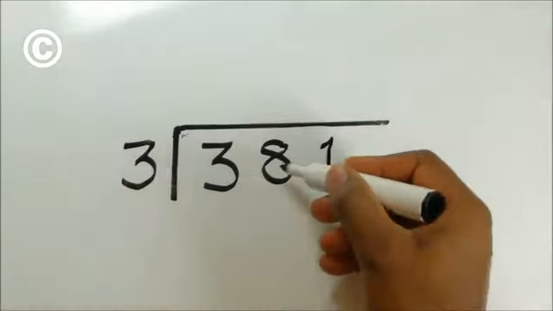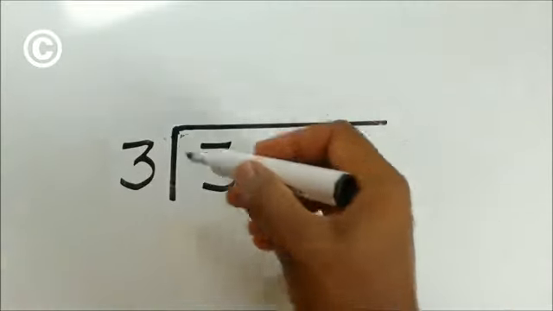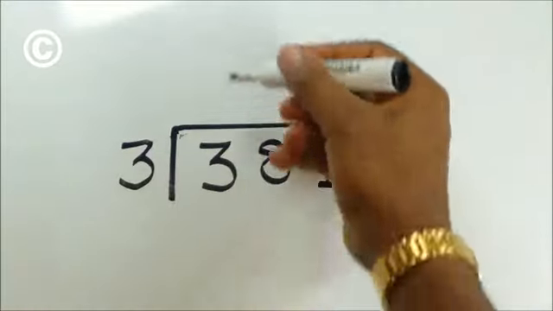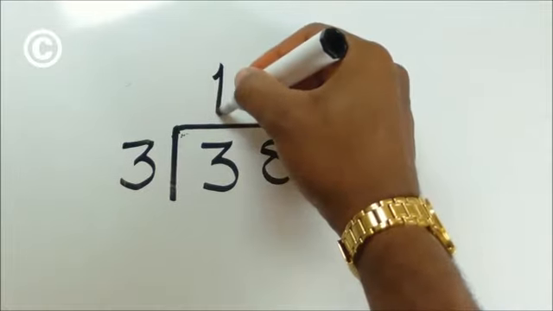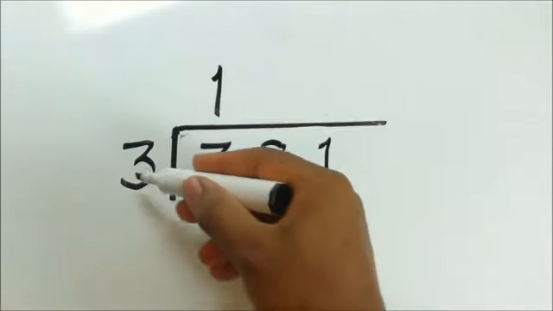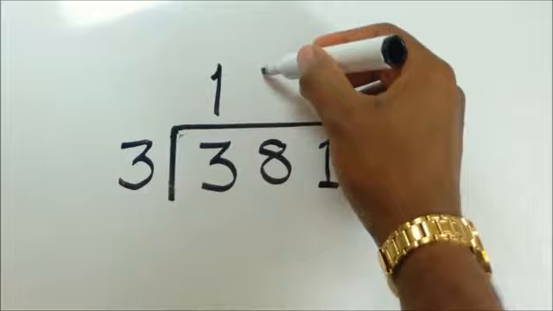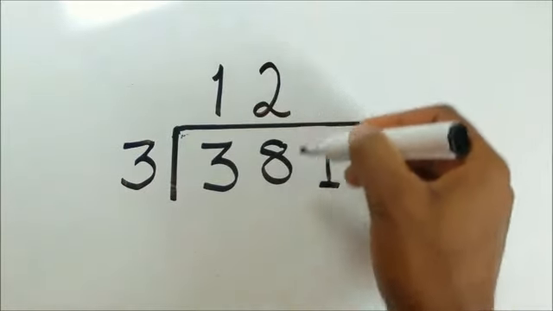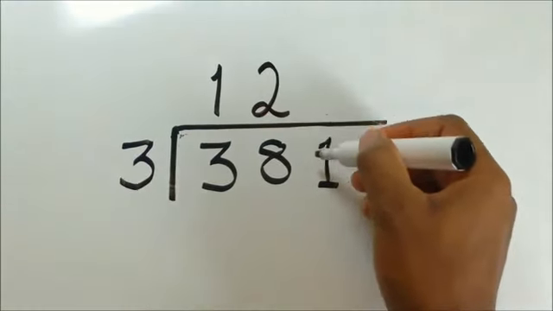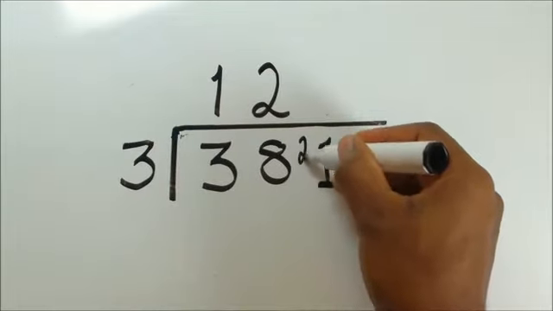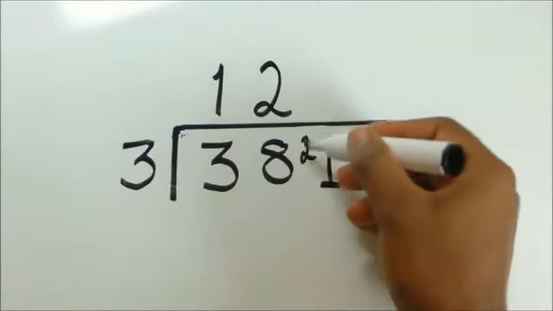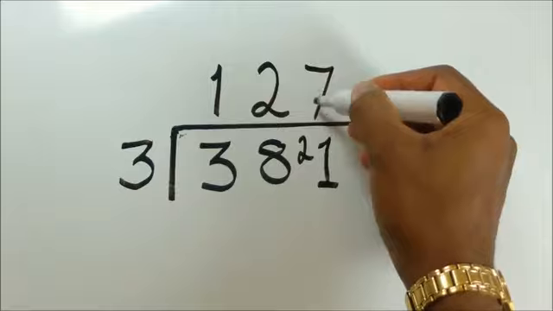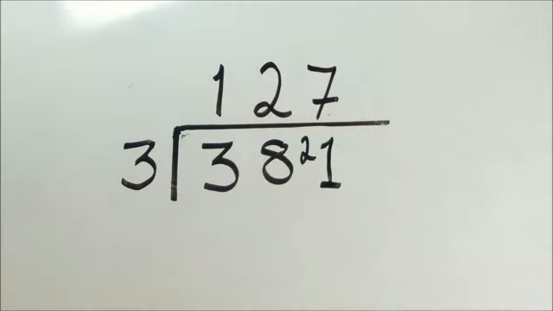Okay, we've got 381 divided by the 3. 3 into 3 goes 1, carry nothing. 3 into the 8 goes twice, carry 2. 3 into 21 goes 7, and there's no remainder.